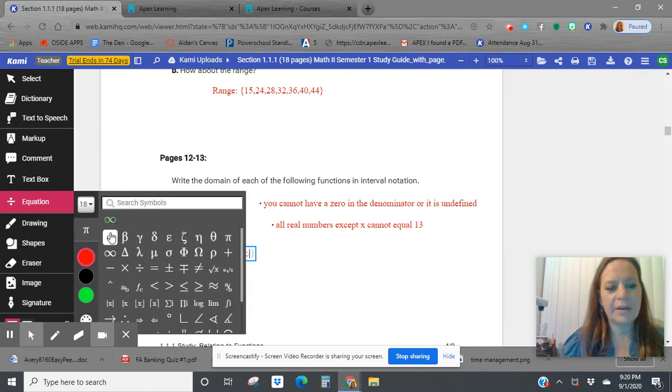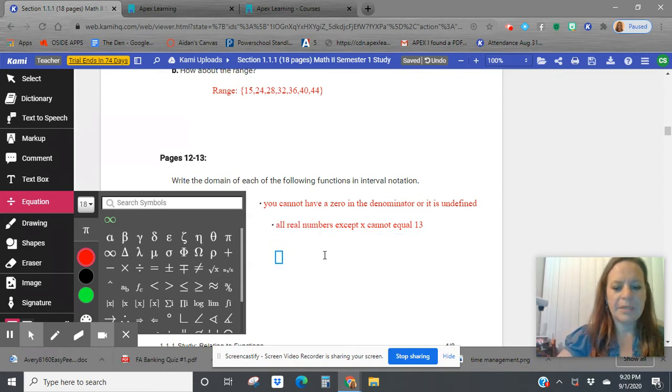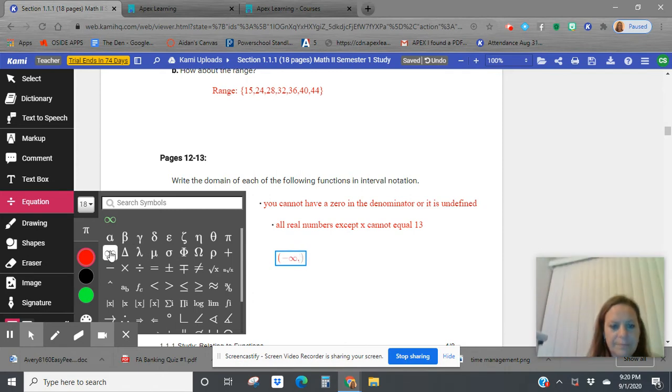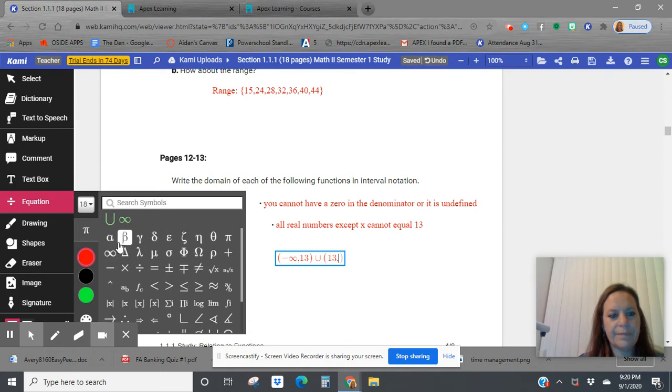So notice if I click here, I have options for infinities, etc. All right, so I'm going to say from negative infinity to 13, not included, U for union, meaning and, from 13 to infinity. Open brackets on everything because the 13 is not included and because infinity always has that.